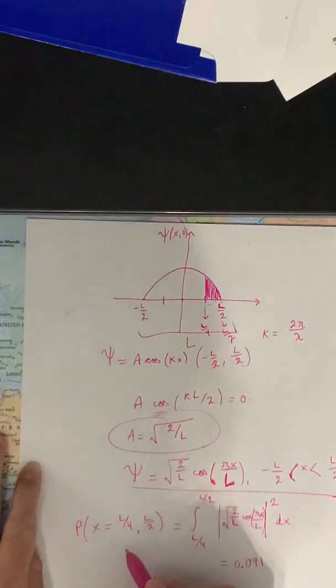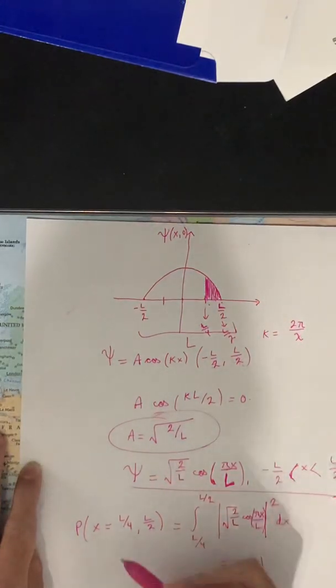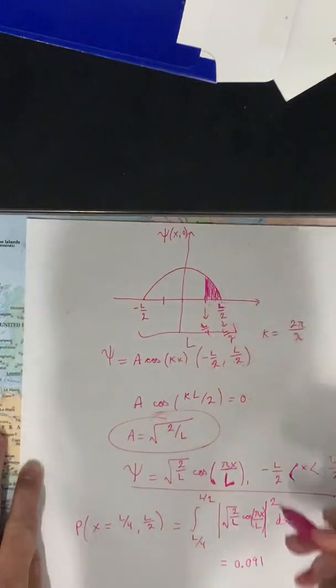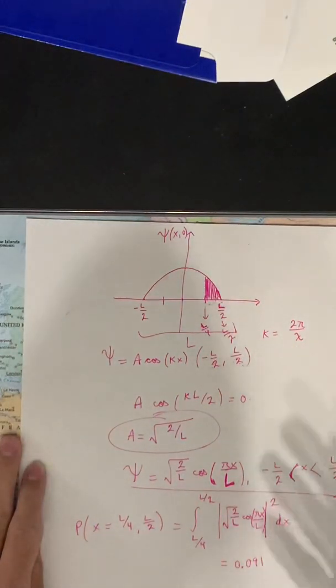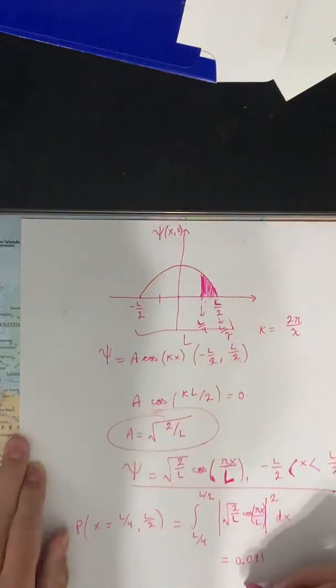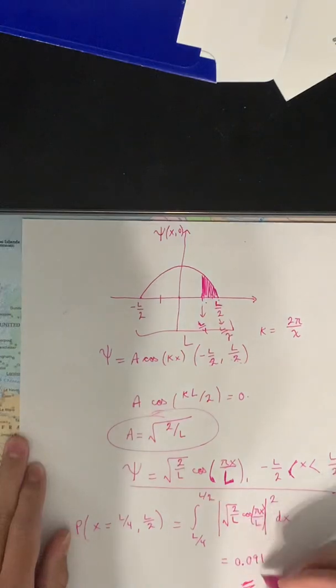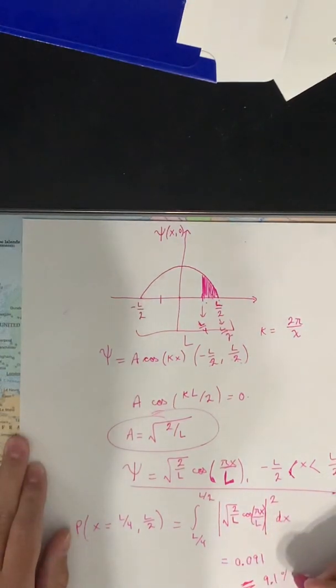But now we've found how likely it is for it to be found in the last quarter of the tube. And since we just now found that it's 0.091 relative to 1, representing 100%, we can safely say that it is equal to 9.1%.